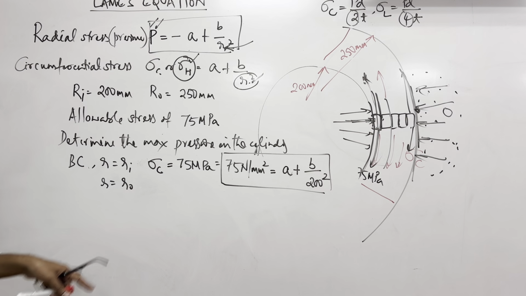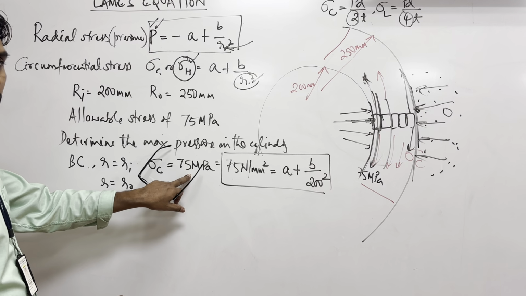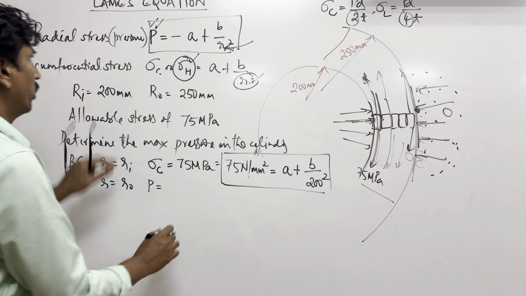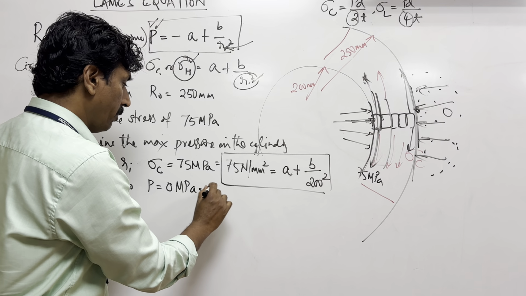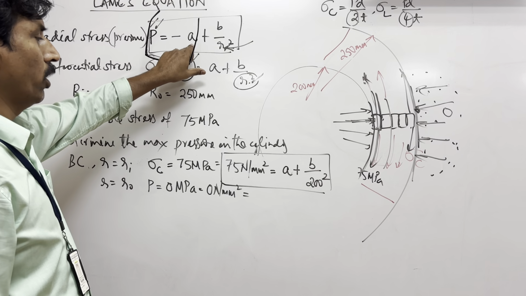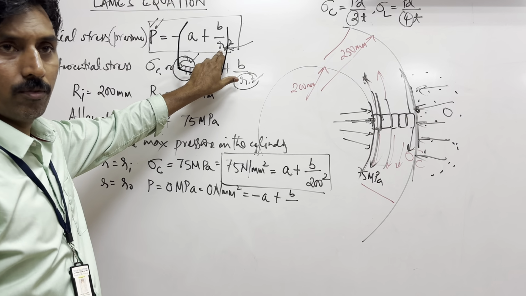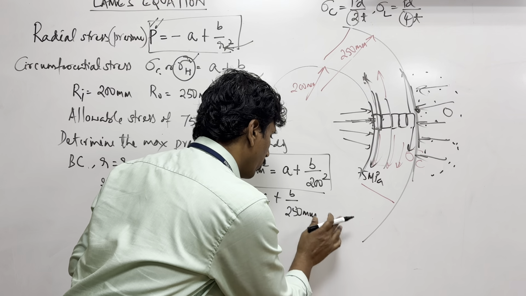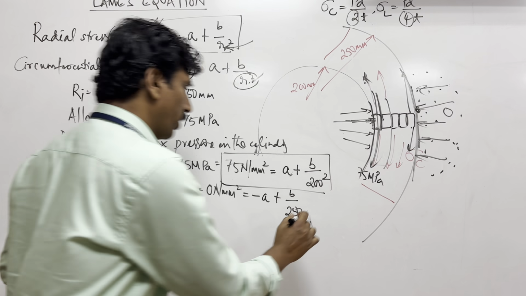And by using the second boundary condition, instead of sigma C, I should write P, the radial stress, is equal to how much? 0 MPa, which means 0 Newton per mm square. It is minus A plus B divided by 250 square. You don't have to worry about the units here.